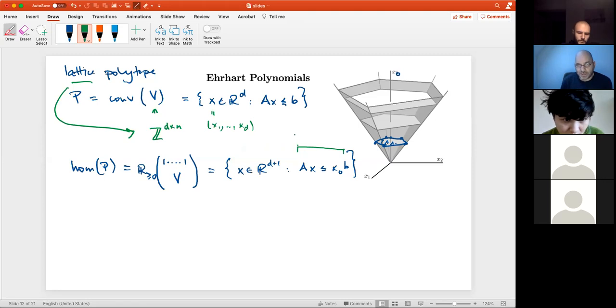So I have the matrix negative b times the matrix A, times now a d+1 dimensional vector x, less than or equal to 0.